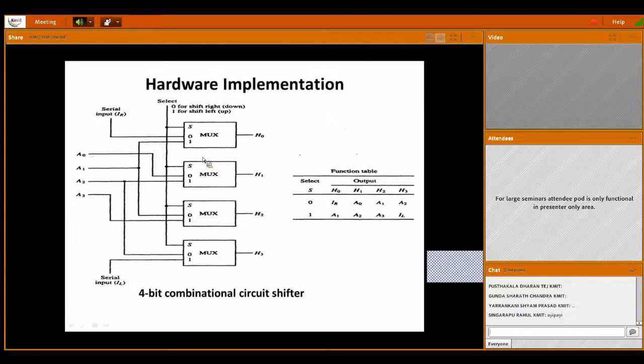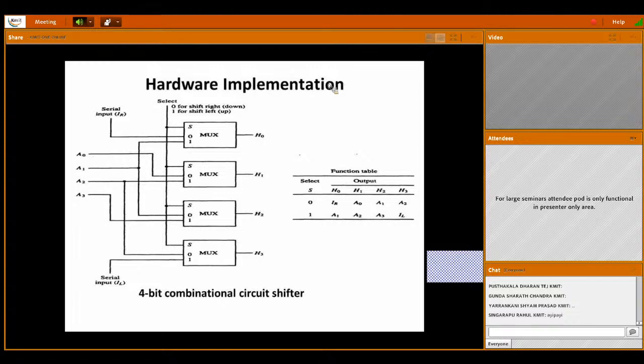So instead of having separate circuits for different micro operations, you will use a combined circuit called the arithmetic logic shift unit. You implement all arithmetic, logic and shift micro operations in it. It will take some time.